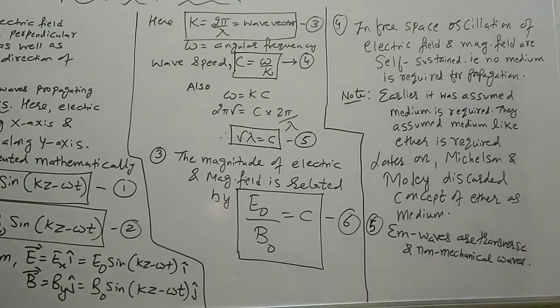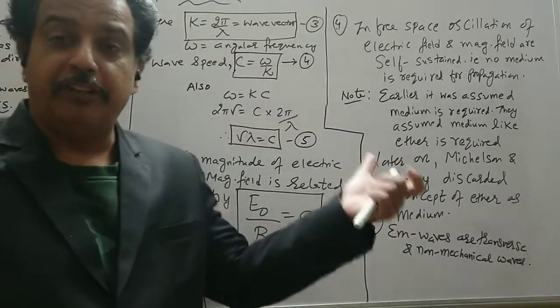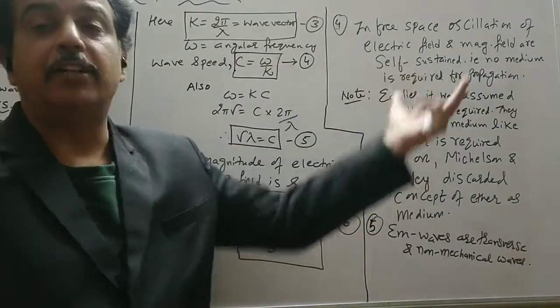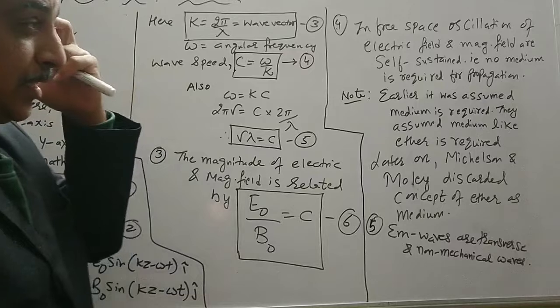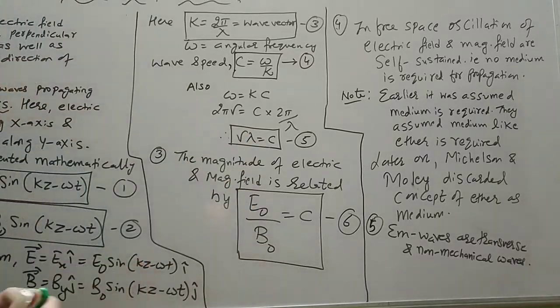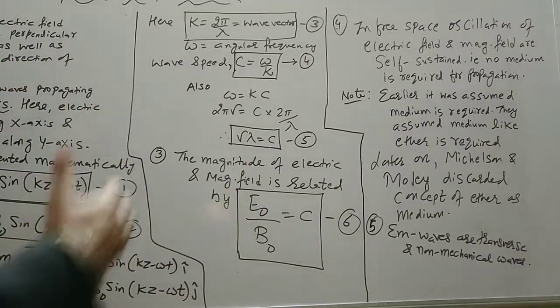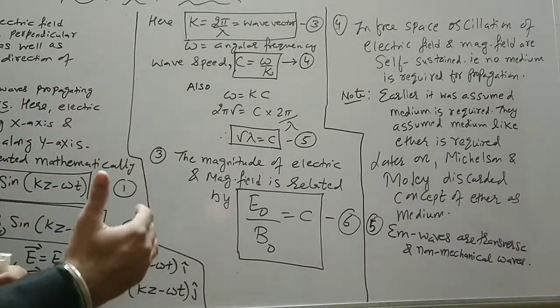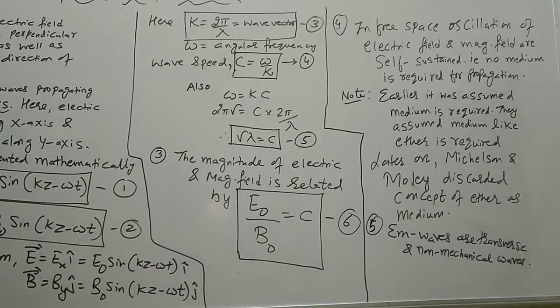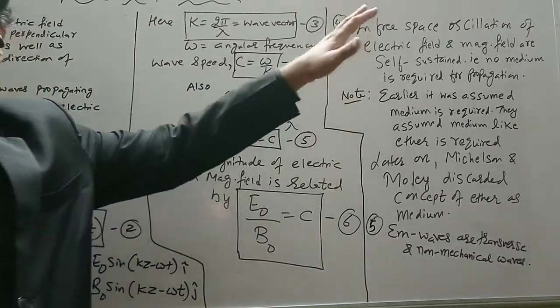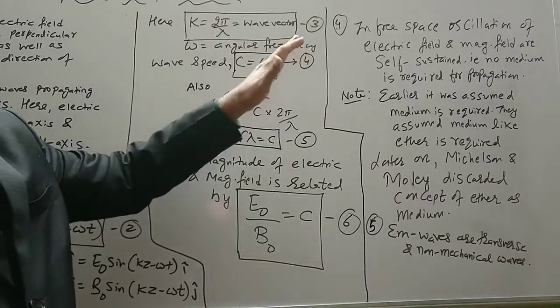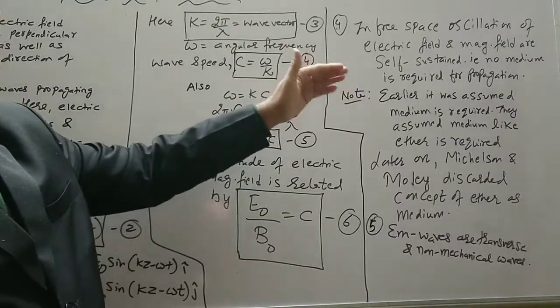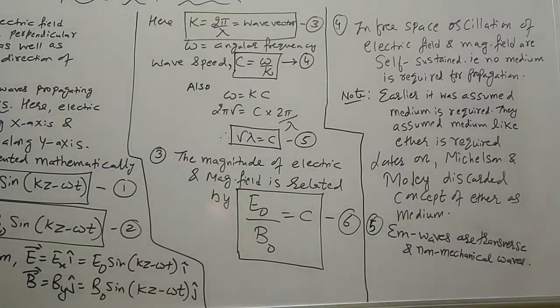It means the electromagnetic wave is a self-sustained wave. No external source is required to keep up its propagation. Only external energy is to be provided for its production, and then that wave will propagate in space by itself. The electric field will give rise to the magnetic field, and the magnetic field will give rise to the electric field.